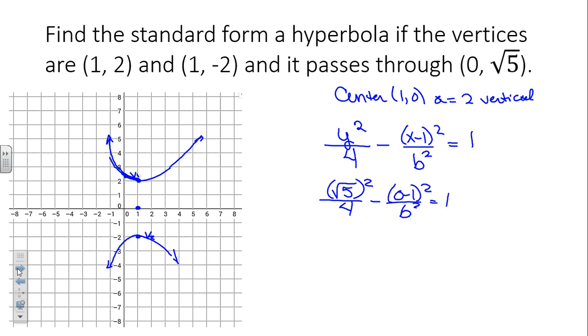So the square root of 5 squared is 5, so we'll have 5/4 minus negative 1 squared is 1, so positive 1 over b squared, right? And since we're going to be dealing with fractions anyway, let's make our 1 into a common denominator of 4/4, right?